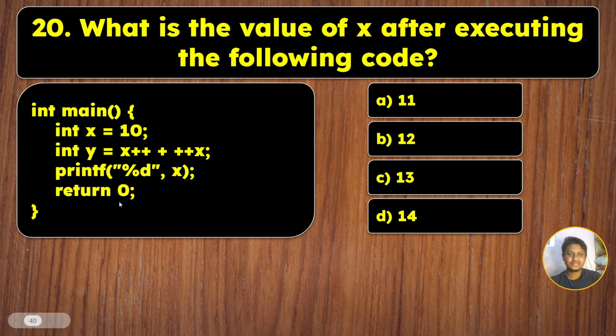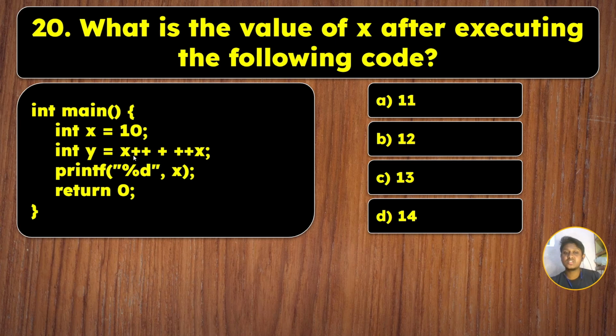So let's solve it. So here in this step, it is not an issue. X is equal to 10 only. After that, y equal to, we have written here x plus plus plus plus x. So here we are using a post increment operator, and here we are using a pre increment operator.